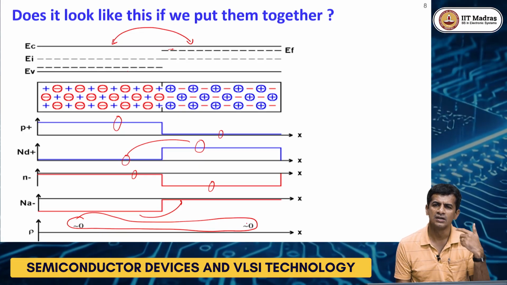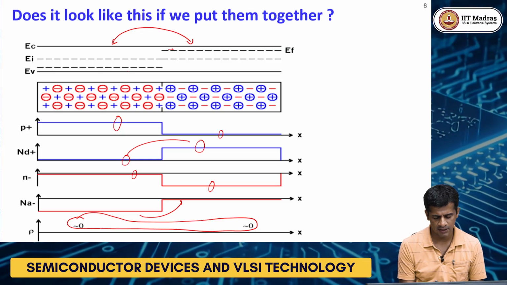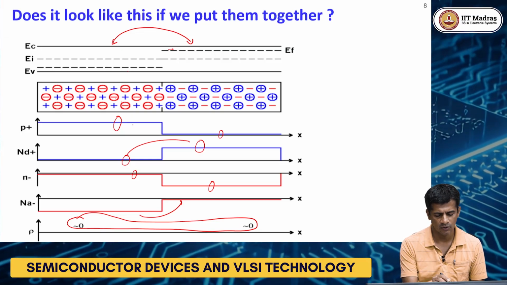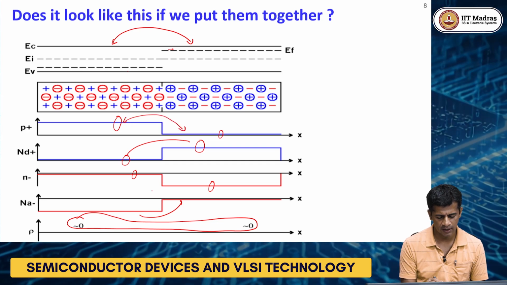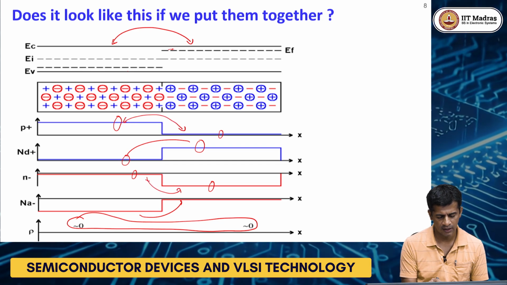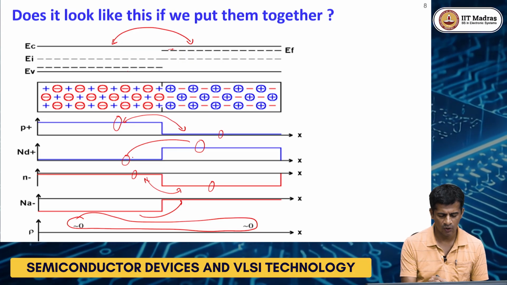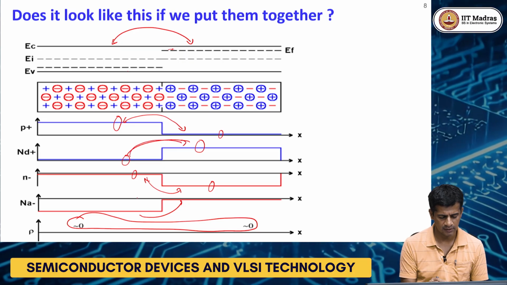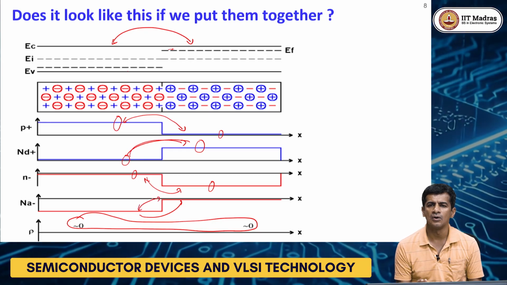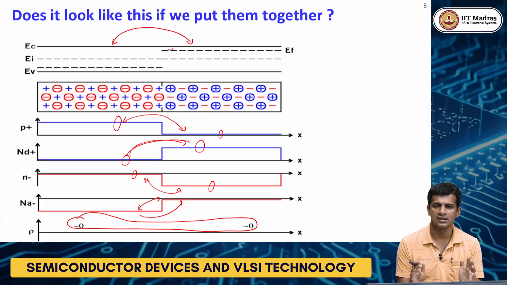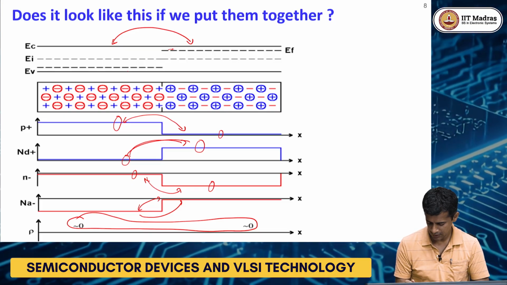There is a huge concentration gradient for the holes here, and a huge concentration gradient for electrons here. Similarly, the donor ions and the acceptor ions also have a concentration gradient. So you cannot sustain a concentration gradient like this.